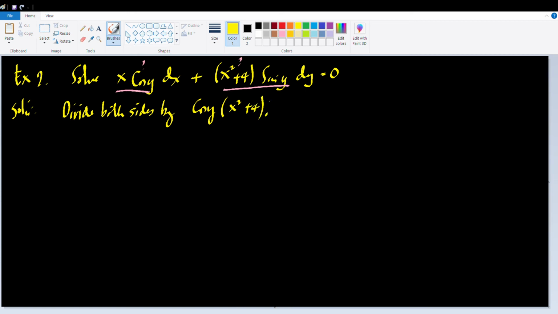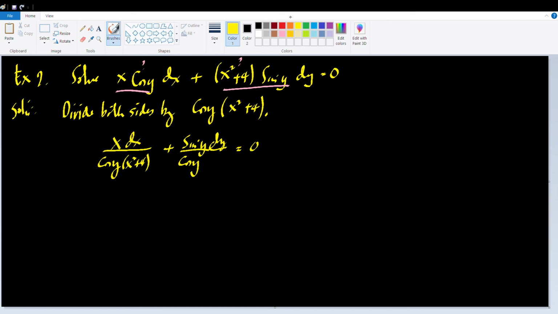Okay, so what will be the result? x cosine y dx over cosine y times (x squared plus 4) will give me x dx over x squared plus 4, plus (x squared plus 4) sine y divided by cosine y times (x squared plus 4) will give me sine y over cosine y dy equal to 0.